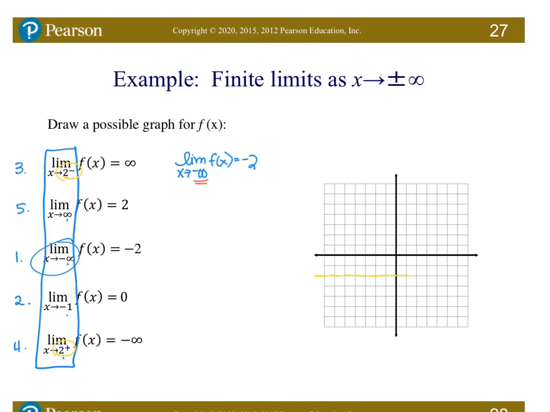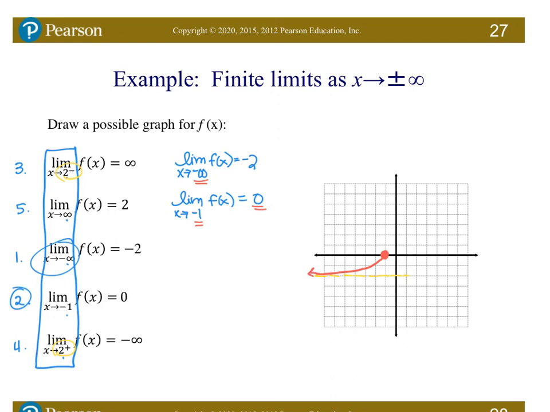The next one, number 2, is the limit as x approaches -1 of f of x is 0. Those are two numbers, right? That's -1 and 0. That's just a number. So that means I'm going to have a point at (-1, 0). So I'm going to put that on my graph. So I'm going to have an asymptote, touches really close, and then comes to that number. Let me put an arrow here.